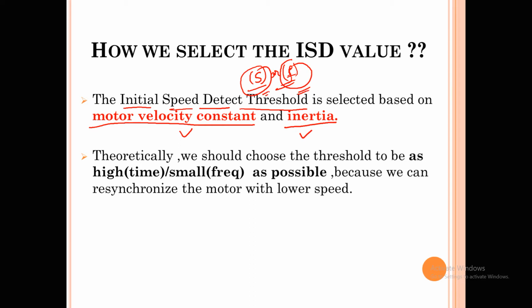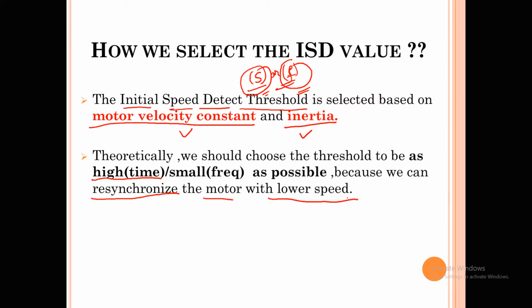Theoretically, if the motor has very high inertia, usually we select a higher time or threshold value in the case of time, and in the case of frequency it's very low. Theoretically, our presumption is to always try to get the highest possible values, so it will help the motor to resynchronize at a lower speed.